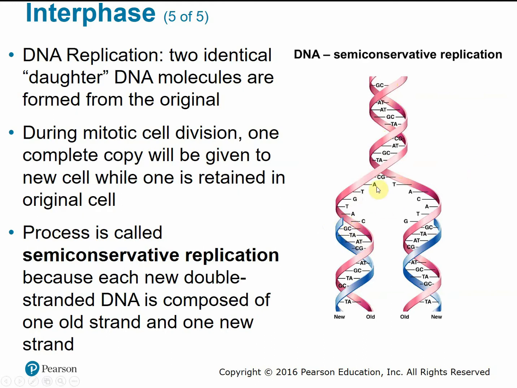So A always binds with T, C always binds with G. So if we only have one half of the molecule, we can still figure out what the second strand of the DNA molecule would be. So we have C, so we add a G to form our new strand.